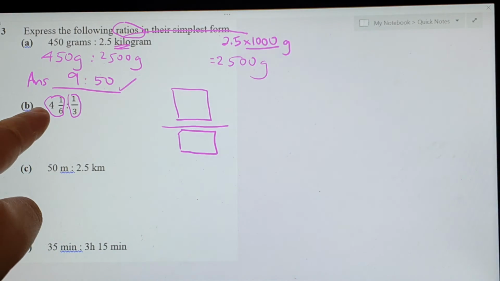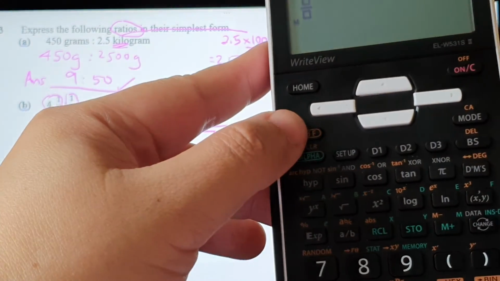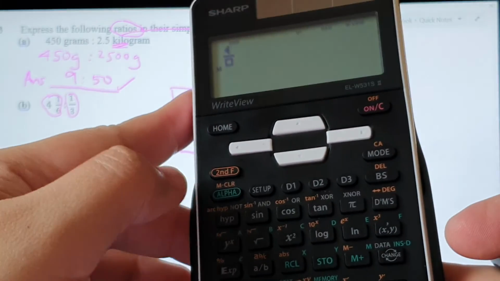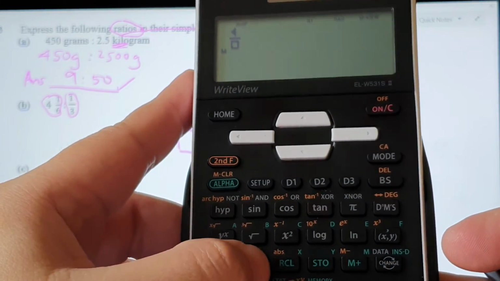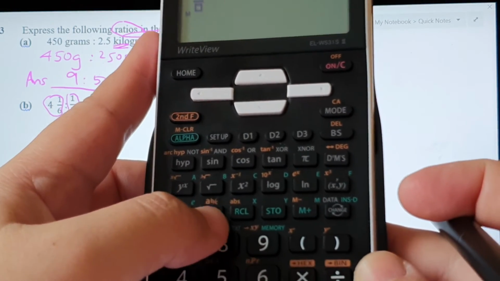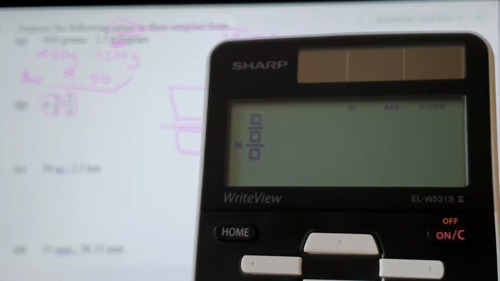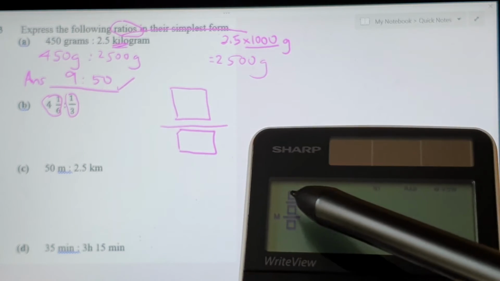Because there are three numbers here. 4, 1, 6. This is like your A, B, C. Okay? So I need to press the orange button first. Then I press the A, B, C here, which is the same A over B button. You're trying to tell the calculator, I want the orange one. Okay? The calculator will give you this.